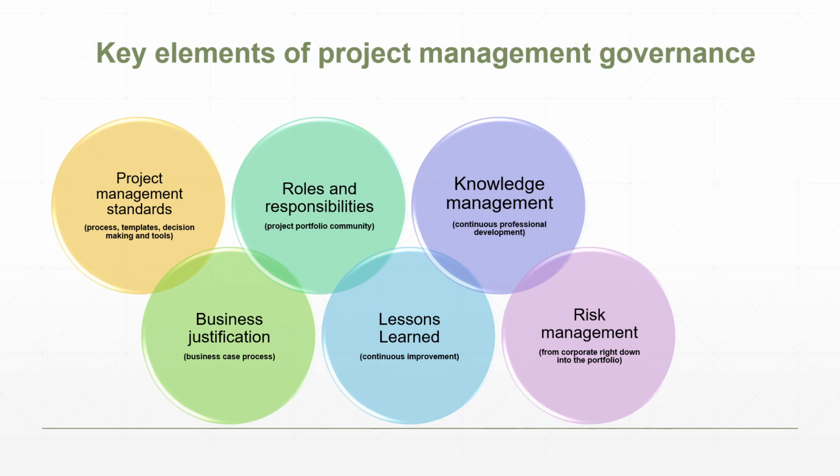So risk management, there needs to be a governance around that in terms of how we are scoring our risks, how we are managing them, the kind of mitigation plans we come up with, how we are logging them, how we are keeping an eye on them, and making sure that that is very much part of our day-to-day project management activity.